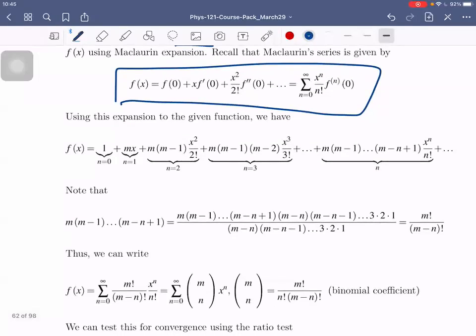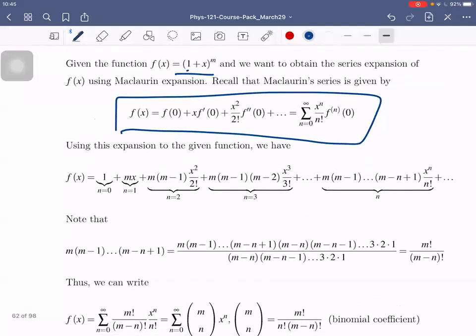Makukuha natin siya. So, una, f of 0. So, papalitan mo yung x ng 0. So, magiging siya 1 raised to m is 1. Okay? And then for the second term, we have x times f prime of 0. First derivative niya ay m times 1 plus x raised to m minus 1.